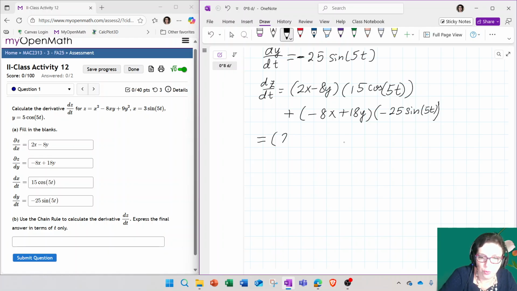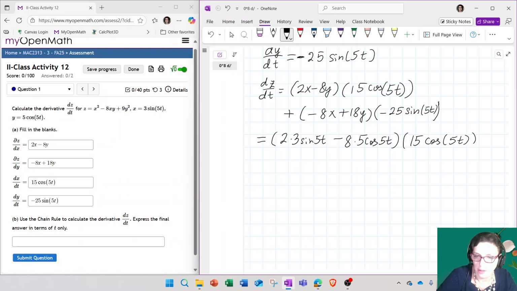So we're going to have 2 multiplied by 3 sine 5t minus 8y, and y was 5 cosine 5t. And then that's multiplied by 15 cosine 5t. Then plus negative 8x, so negative 8 multiplied by x, which is 3 sine 5t, plus 18 multiplied by y, which is 5 cosine 5t.